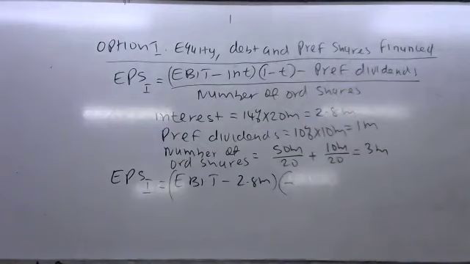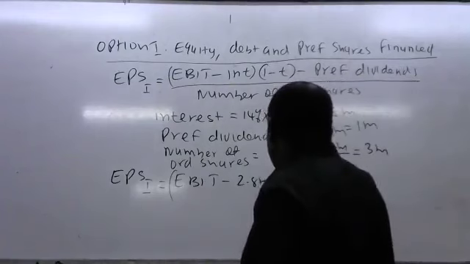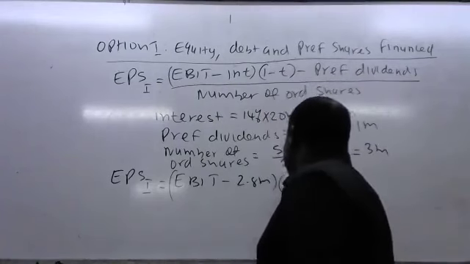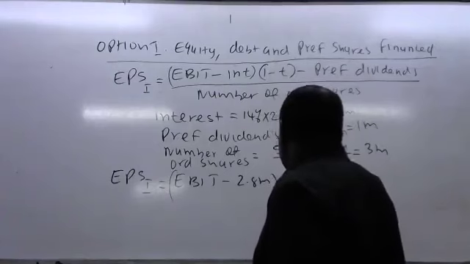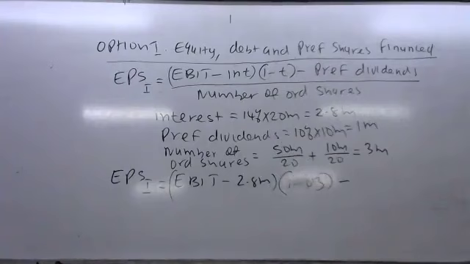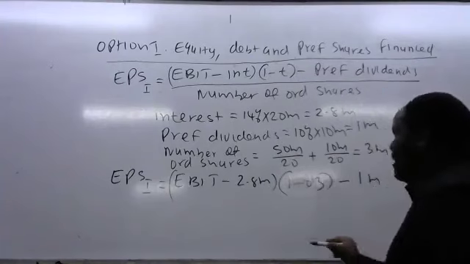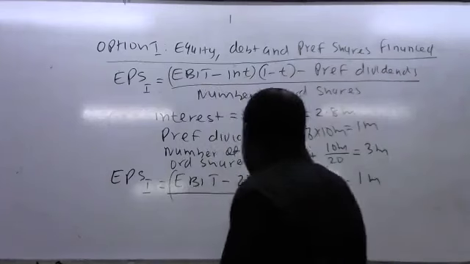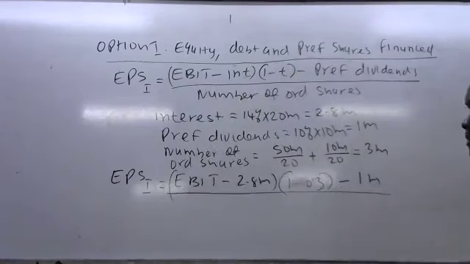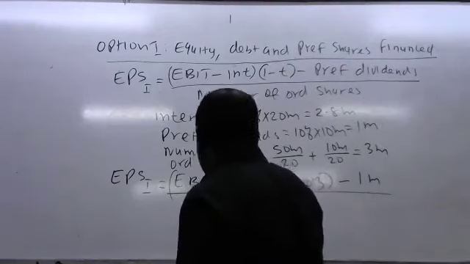Corporate tax in note number 2, they had given you what percent? So 30% is the same as 0.3. So it is 1 minus 0.3. Then you subtract the preference dividends, which is 1 million. Then divide by the number of ordinary shares, which is 3 million.